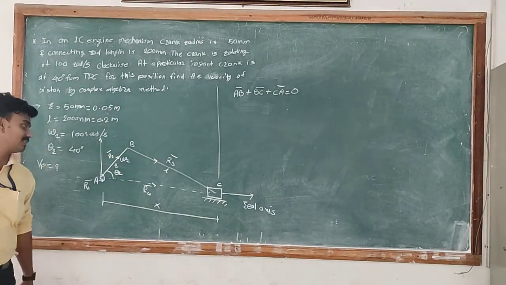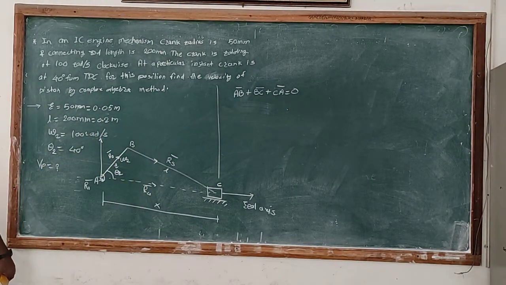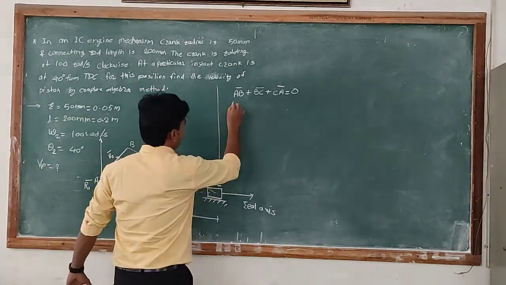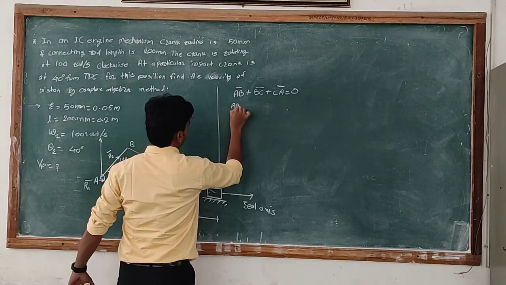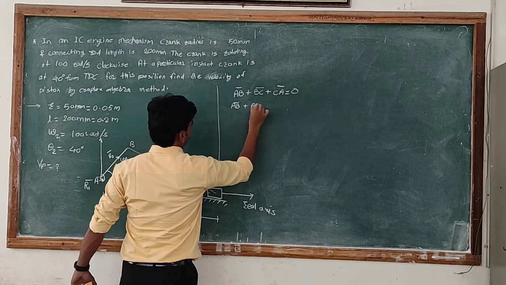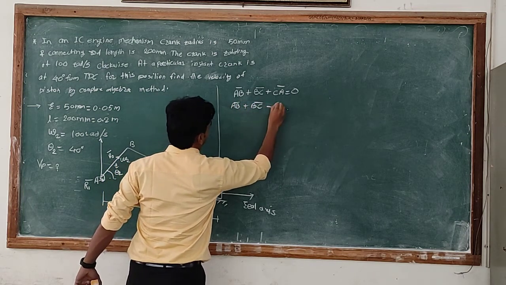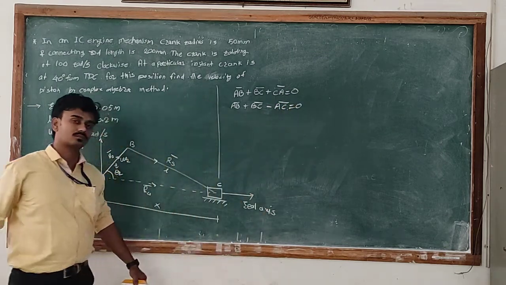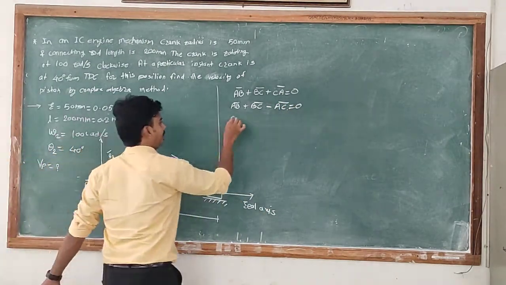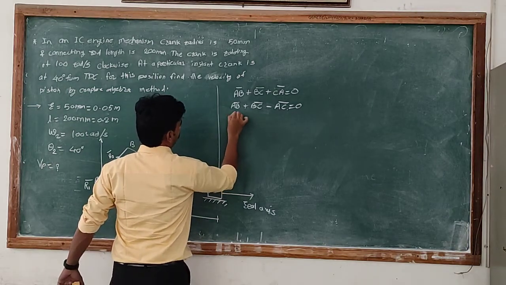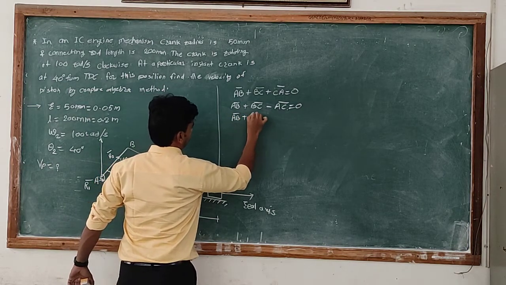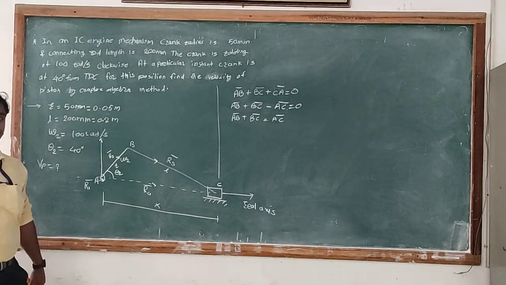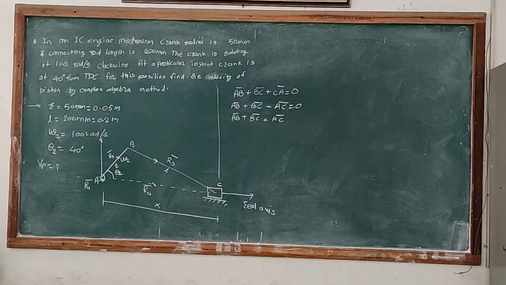If we write this as AB bar plus BC bar minus AC bar is equal to 0, then AB bar plus BC bar is equal to AC bar.